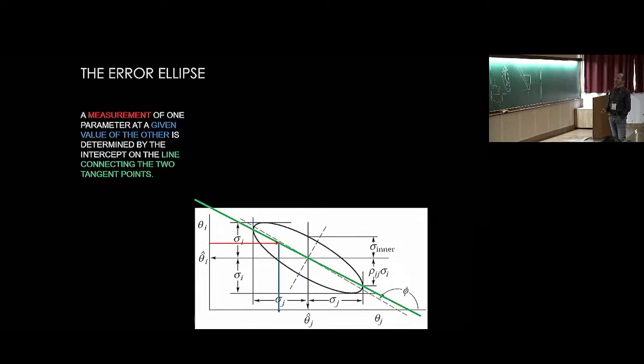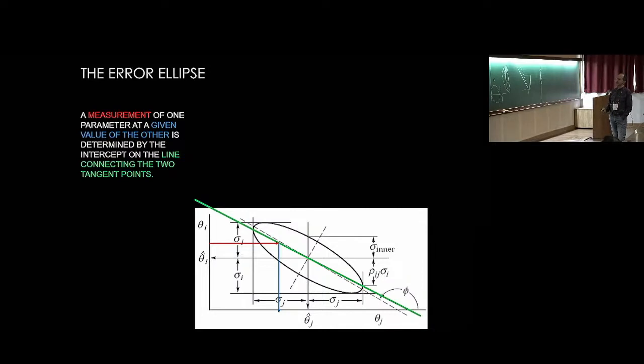So when you measure a parameter, for instance, you measure theta i and you get theta i hat at this point, not this one, which is the center of your distribution of theta i's and theta j's, but you measure one parameter, you can get an estimate of the other one by taking a point along this green line and seeing where it intersects here, and you can read out the value of the other parameter.